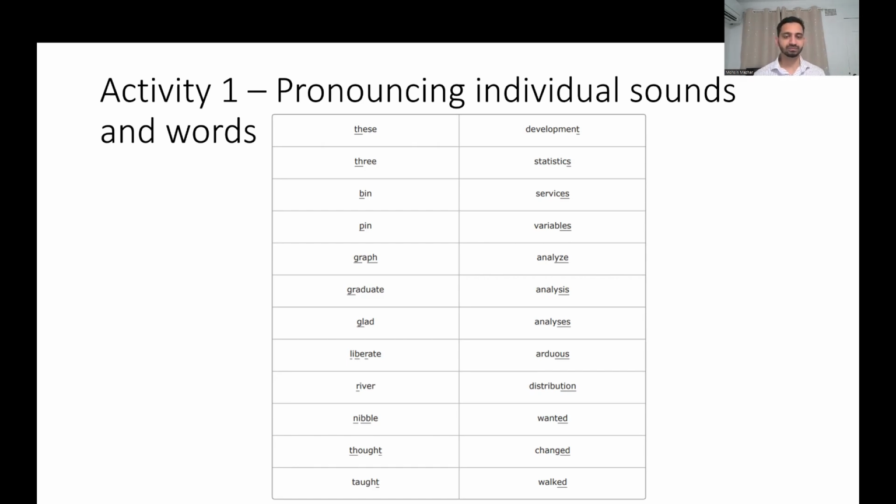The best way to learn it is obviously to repeat the correct pronunciation. Go on Google and search how to pronounce a certain word, and it will give you an American and a British pronunciation, and you can choose whichever you like. Learn the pronunciation and repeat it at least 20 times. For example, the first word here is "these." Try to count to 20 and repeat it 20 times.